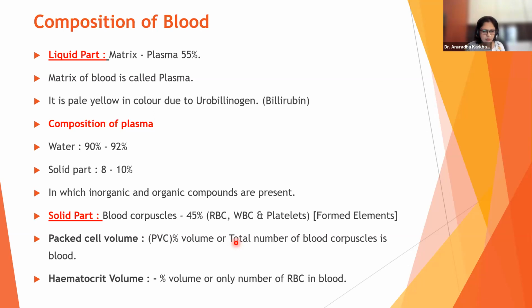Hematocrit value, or the hematocrit volume as we call it, is the percent volume or number of RBCs present in the blood. So if you see a blood report of any person, वहाँ पर PCV % दिया जाता है along with HCT. So HCT is the hematocrit volume, that is how much RBCs are going to be present in the given blood sample. Okay.